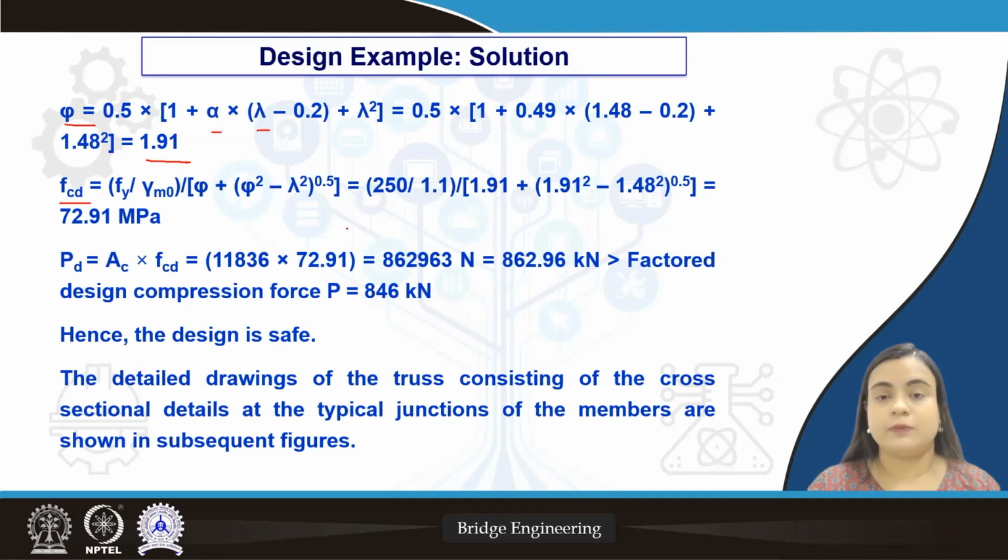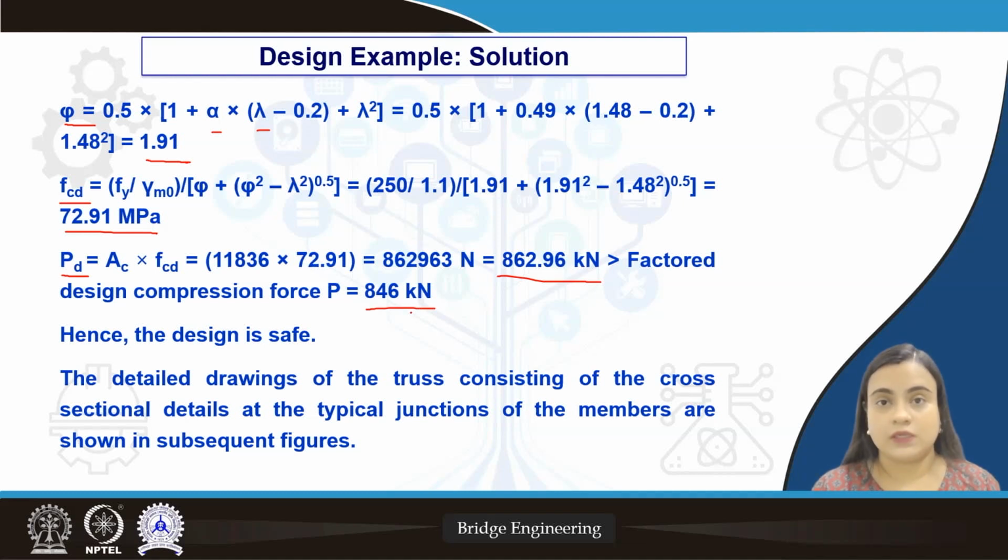So FCD can be obtained by providing the magnitude of all the parameters, that is equal to 72.91 MPa. So from there PD equals AC times FCD, which is obtained to be 862.96 kilonewton, which is found to be greater than the factored design compression force of 846 kN, so the design is safe.